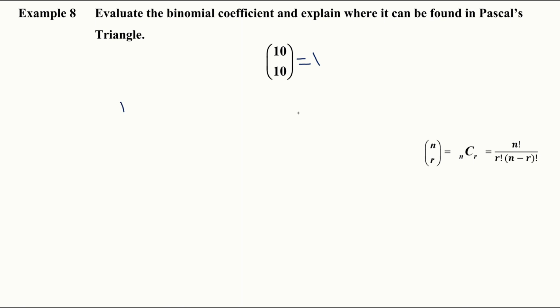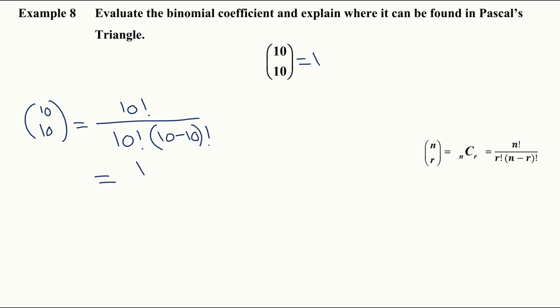But now let's verify it. We know it's going to be 10 factorial divided by, we're computing 10 choose 10, right? So it's 10 factorial divided by 10 factorial times 10 minus 10 factorial, right?